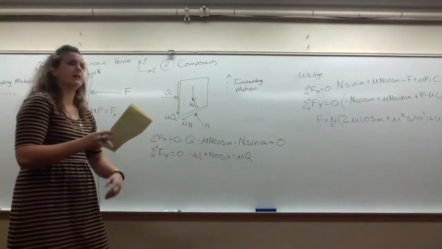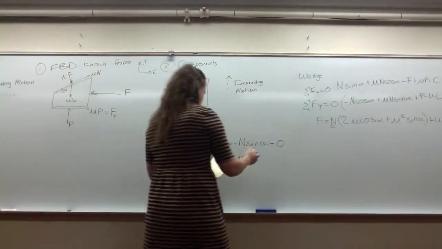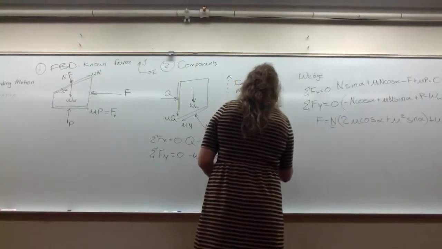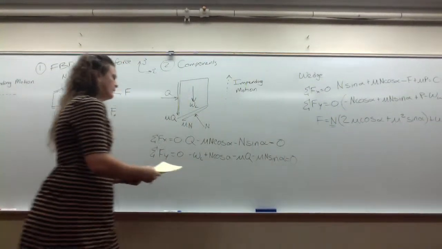And then we have a component of the other friction force, so mu N minus mu N sine alpha equals 0.